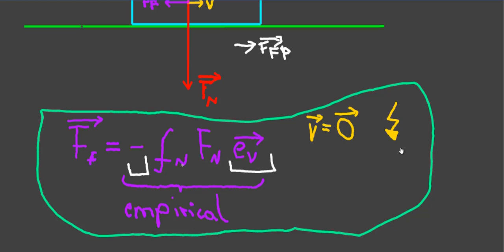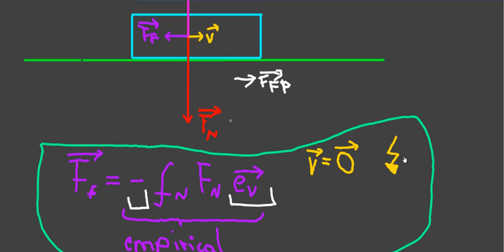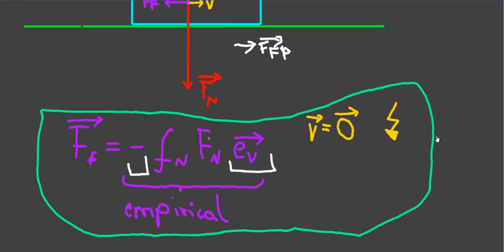So I'm multiplying the magnitude of our force with the direction of our velocity. I'm not saying it has to go in that direction, but in the opposite direction. So this is why there's a minus here. The minus ensures that our force is always going to point in the opposite direction of our velocity. We can just remember that.